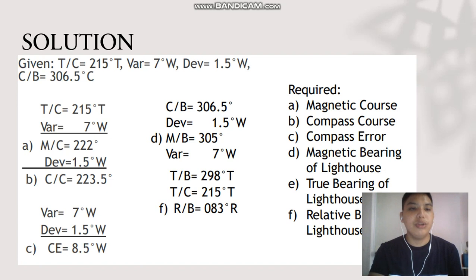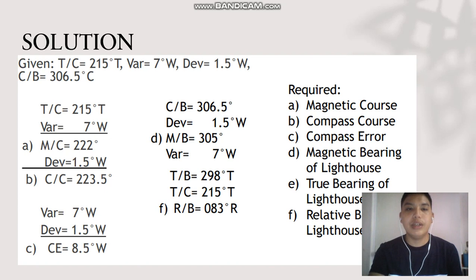So 222 plus 1.5 degrees west is equal to 223.5 degrees. To get the compass error, we have to add the variation and deviation because they have the same name. So 7 degrees plus 1.5 degrees is equal to 8.5 degrees west.